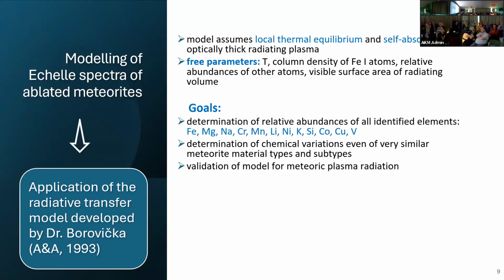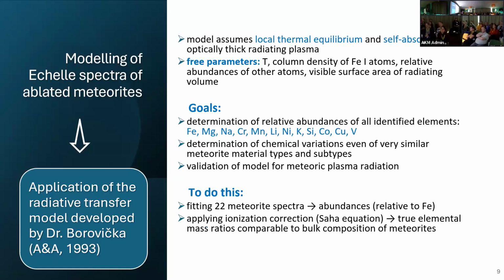So the main goal was, of course, to determine relative abundances of all elements we found in this laboratory spectra, and to distinguish some differences between meteorite types or subtypes that looked, let's say, very identical in our previous line intensity ratio analysis. And this approach will also validate the model's ability to describe meteoric plasma radiation.